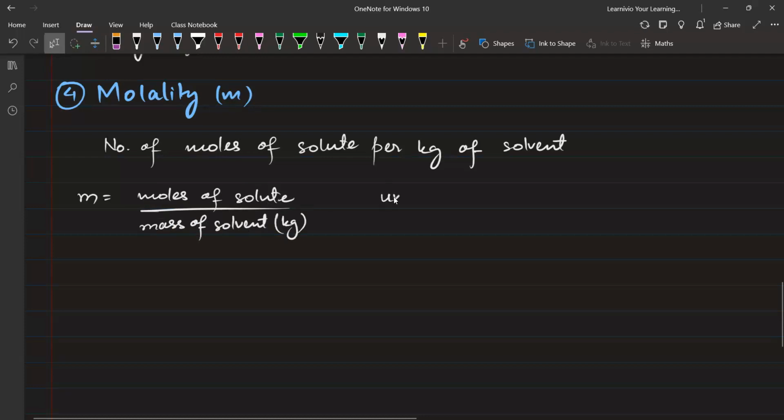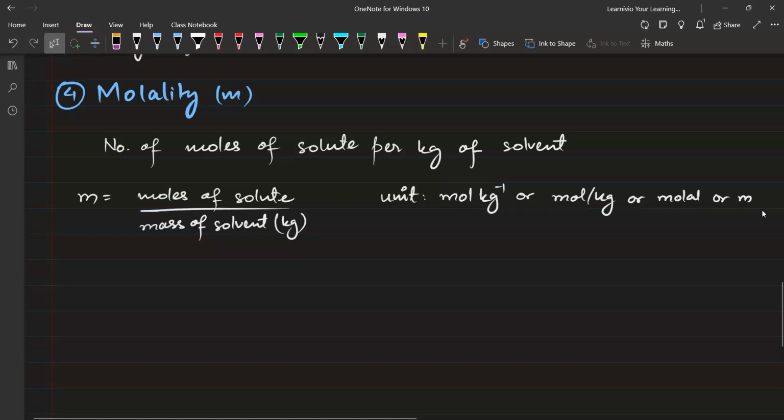So the unit will be mole and kg inverse, moles per kg. We can write kg inverse, or moles per kg, or simply write molal, or we can simply write small m.